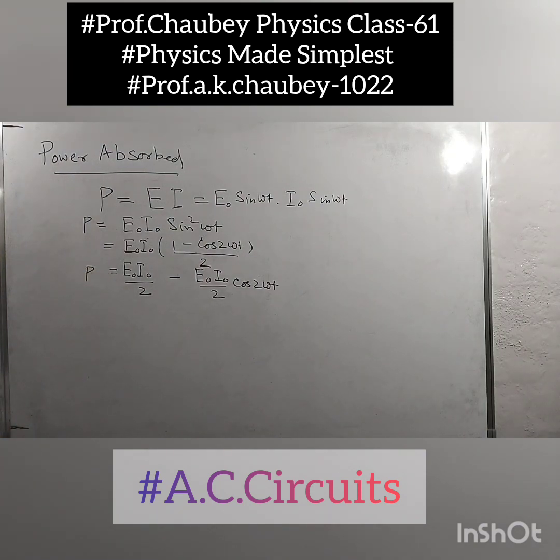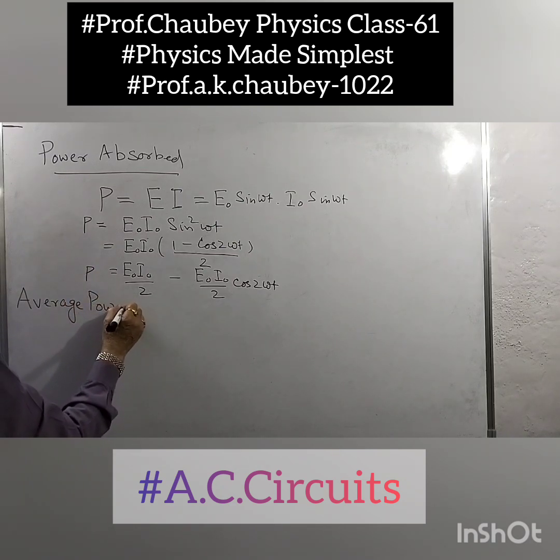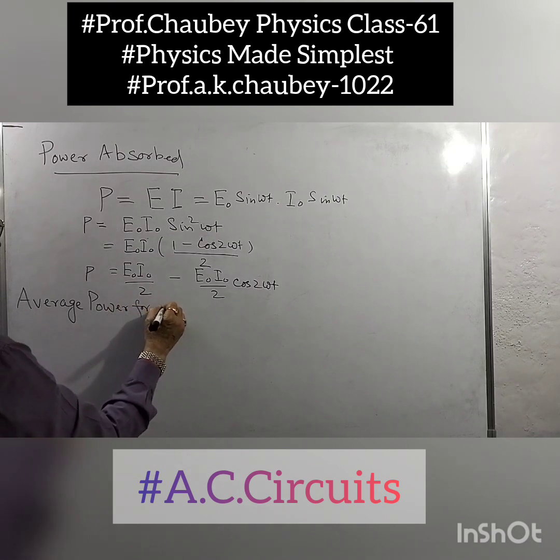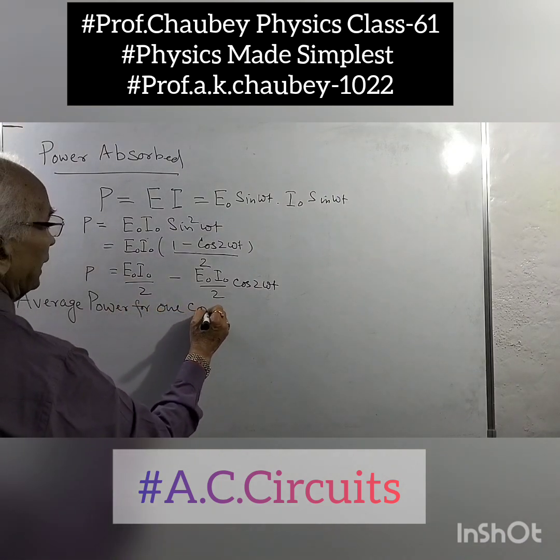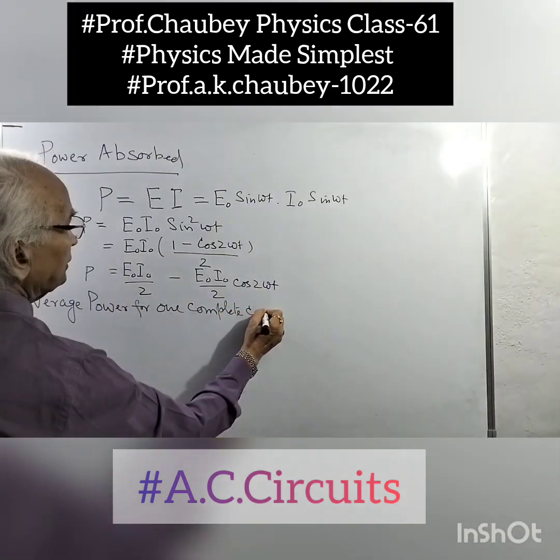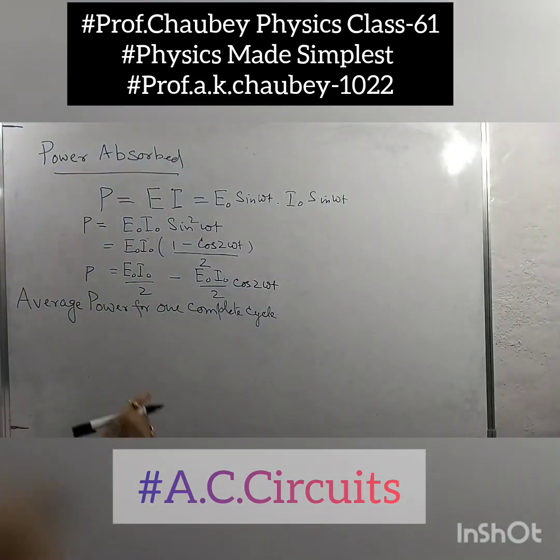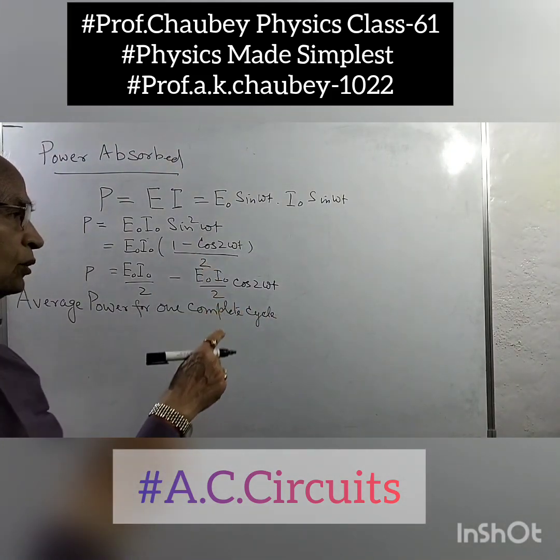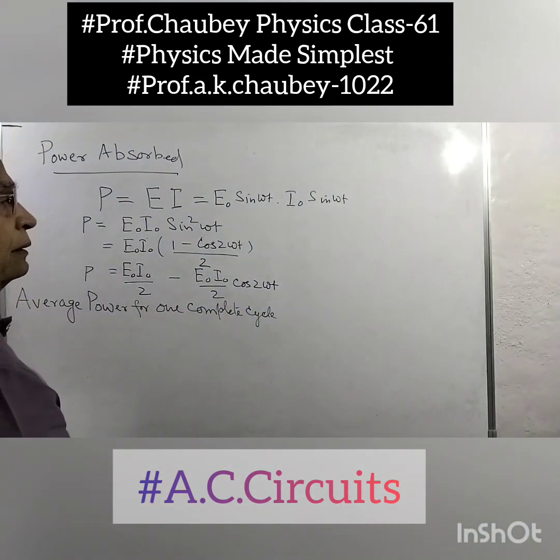Remember that average power, now this is time varying. So average power is for one complete cycle, which means voltage starts from 0, goes to maximum, then 0, then negative maximum, and then again 0.